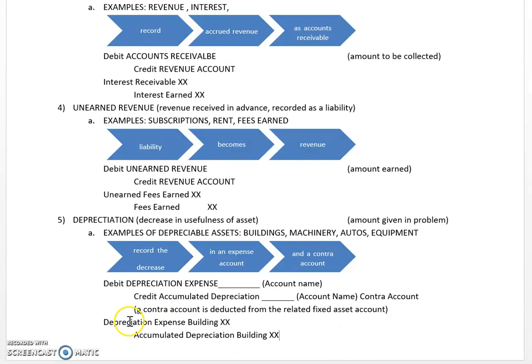And the journal entry is depreciation expense and accumulated depreciation. This is just a brief overview of the adjusting entry process that you will go through in Chapter 3. Once again, this form is printable, and you can use it to help you solve the exercises and assignments in Module 2.